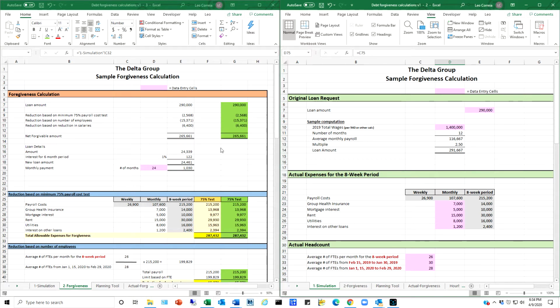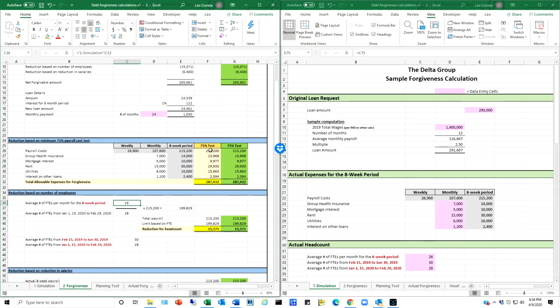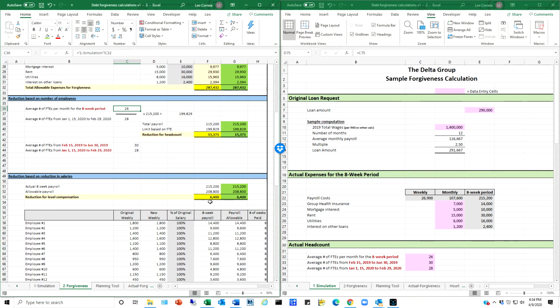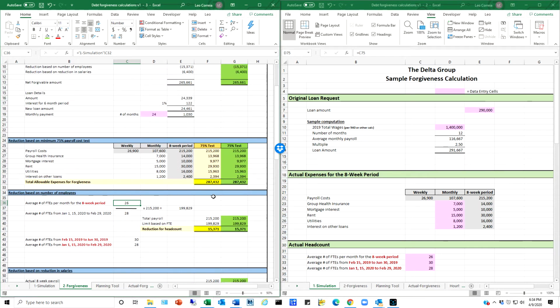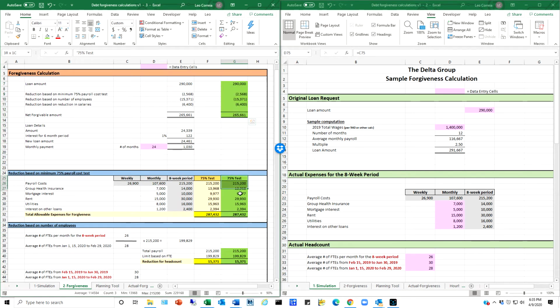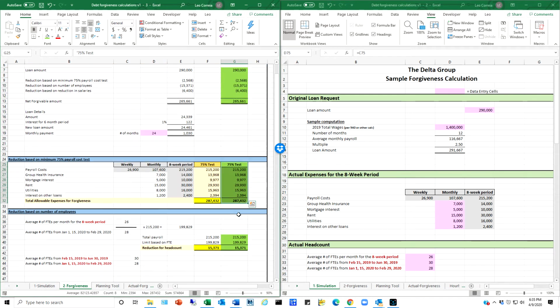What you see here on the left-hand side of the screen is the actual results simulation on the forgiveness, the reduction for 75%, the reduction for headcount, and then the reduction for salaries. Now, what we've done in green here is we've isolated everything to what the current standards are.